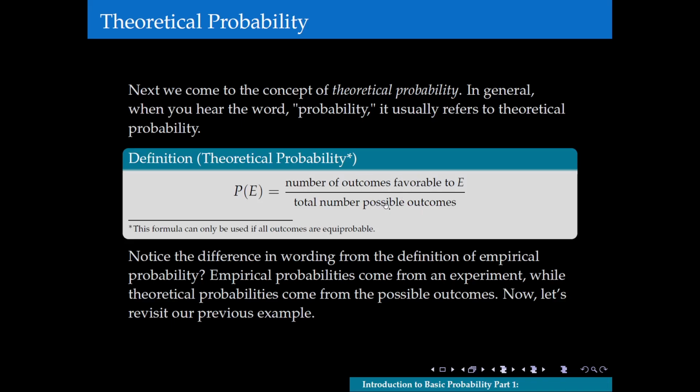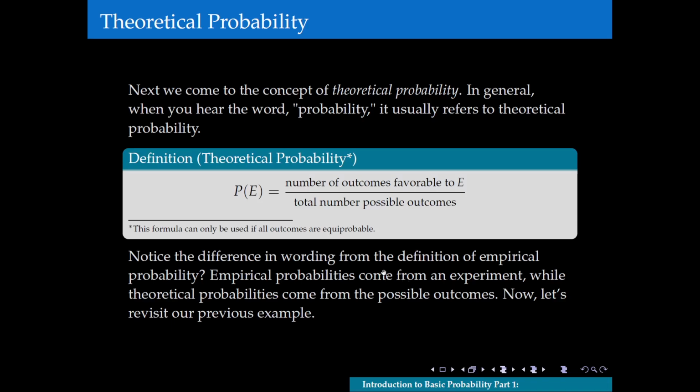We can definitely apply theoretical probability, as we'll see in later videos, to other types of situations where we don't have equiprobable outcomes, but then we account for the fact that they're not equiprobable and adapt this formula. But for now, we'll be dealing with outcomes that are equiprobable. So we just compute the number of outcomes favorable in an event divided by the total number of possible outcomes from the situation.